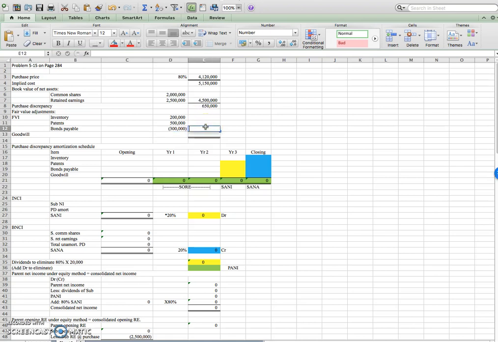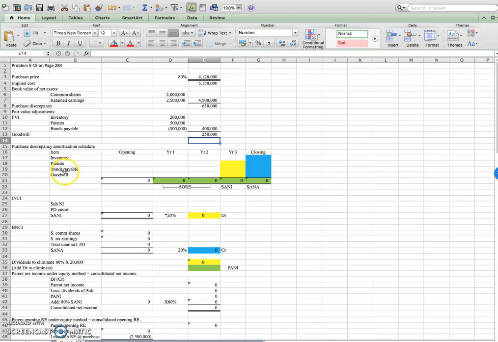Now let's add up our fair value adjustments. It gives us 400,000. Now we'll need to take the difference between our acquisition differential and our fair value adjustments to figure out our value for the goodwill. So we'll take the 650 less the 400, which gives us 250.